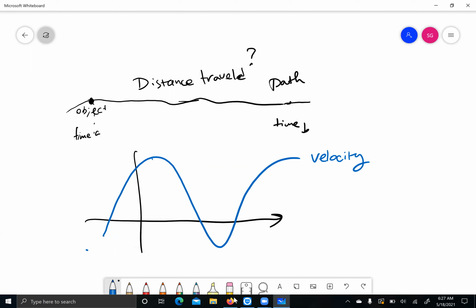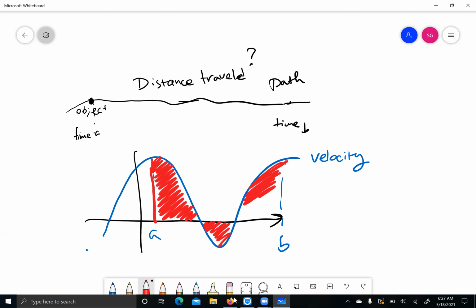Let's say this is A, and this is B, and you want to find that distance. If you find the area under the curve, that gives us the distance. So the area under the curve up to the x-axis is this.